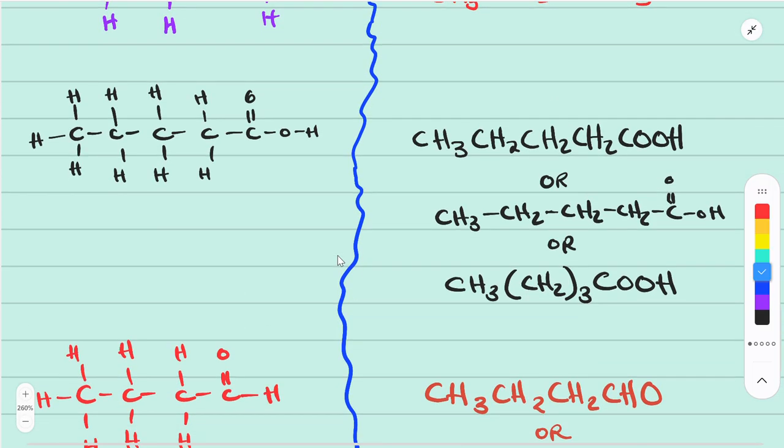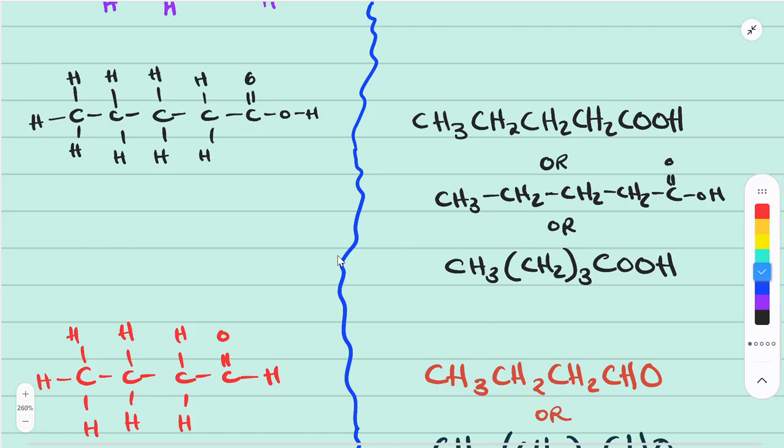Let us move to the next example. With our next example, you have these: CH3, CH2, CH2, CH2. It's just those repeating units again that you can represent just like so. Now you see that at the end we have a C double bond OH.